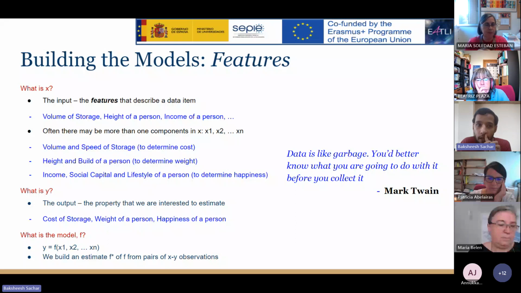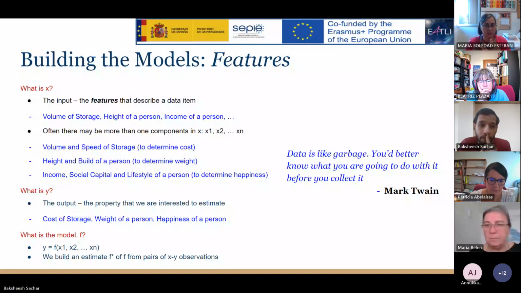If you notice the blue highlighted part, for example, it's volume of storage, height of a person, income of a person, etc. These are just some examples, and there can be more than one component in this as well. It could be a combination of these inputs, and the combination of these inputs can be used to draw an inference out of it.